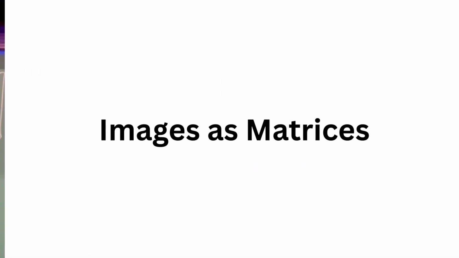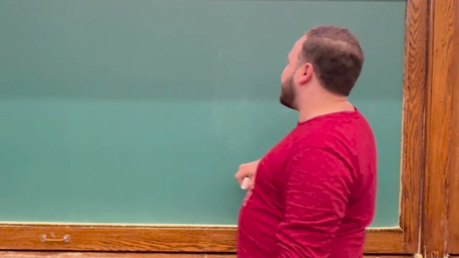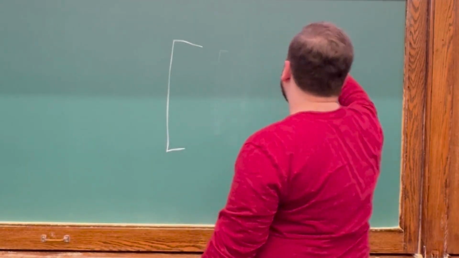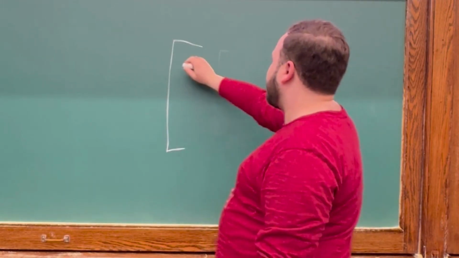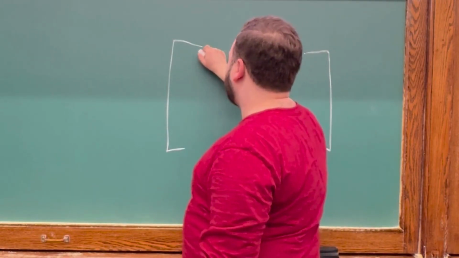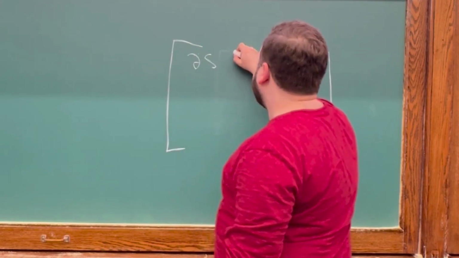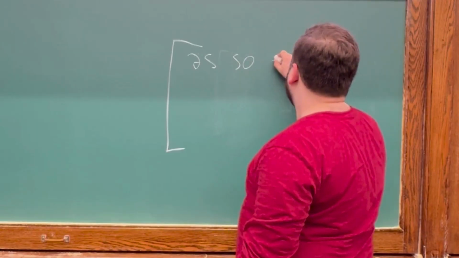Let's talk about... So if we want to represent an entire picture, if the picture is grayscale, we can set up a matrix of scalars, and maybe we'll just have a bunch of grayscale values corresponding to the image. Let's say it's a 4x4 image.